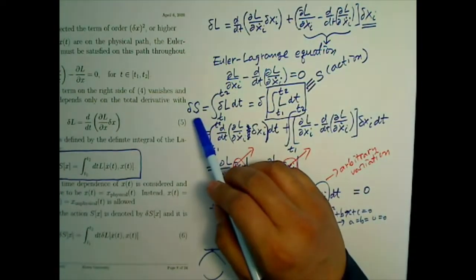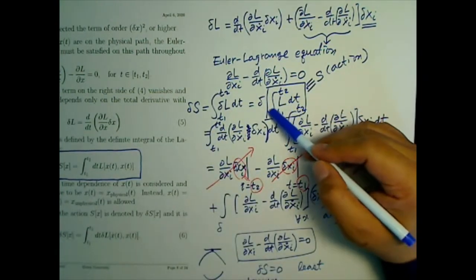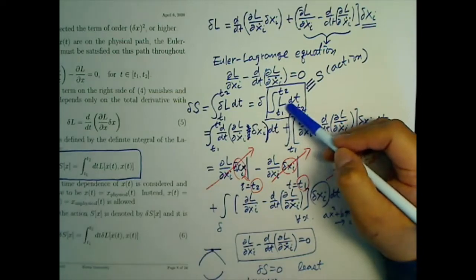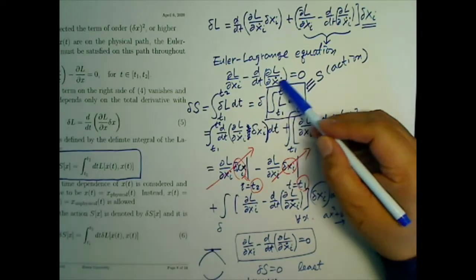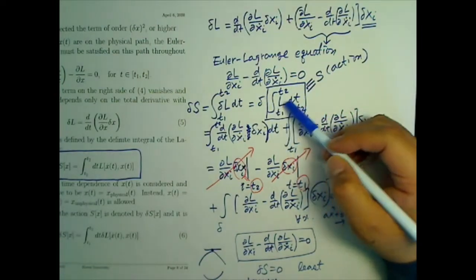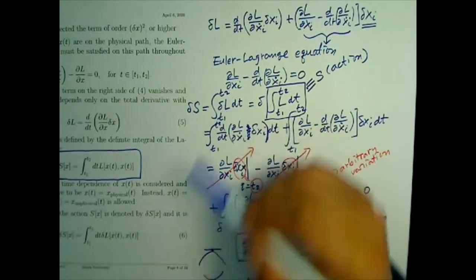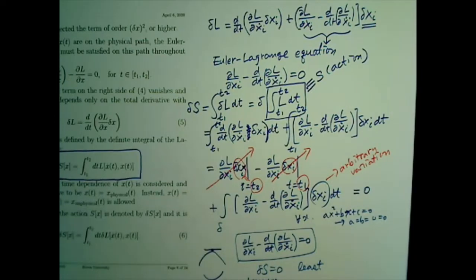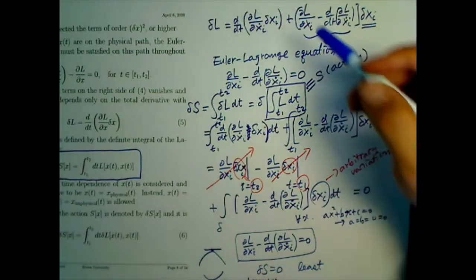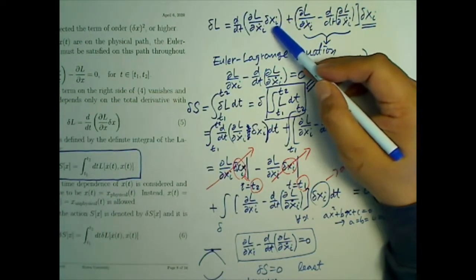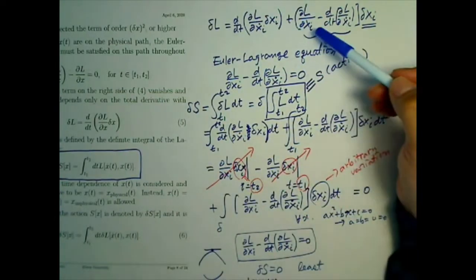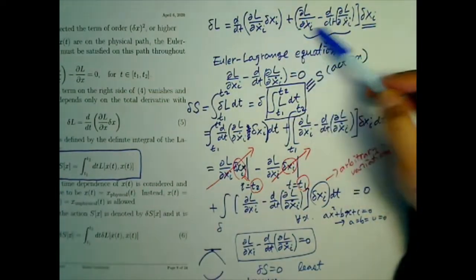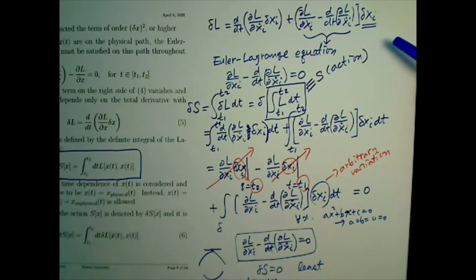Variation of action. Action is the time integral of the Lagrangian from time t1 to t2. And variation of this one is actually the time integral of the variation of this Lagrangian. And to the first order, leading order correction by the variation of delta xi, we can substitute this expression, neglecting order delta x squared or higher.